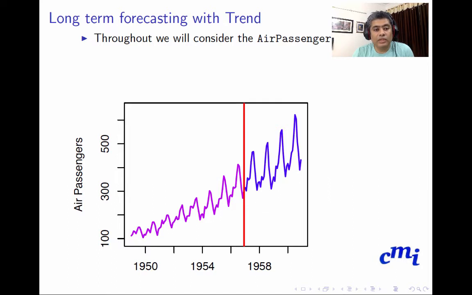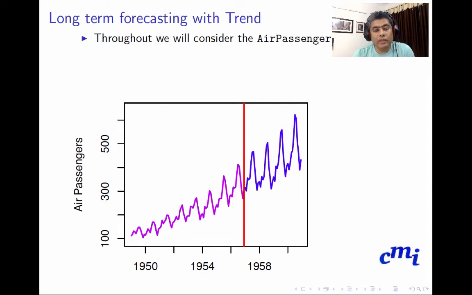Over these years, the number of air passengers in the United States, in millions, has increased significantly. We can clearly see that the data has a very strong upward trend with a clear annual seasonality, and that seasonality is very strong.